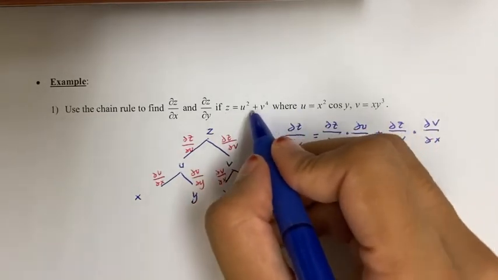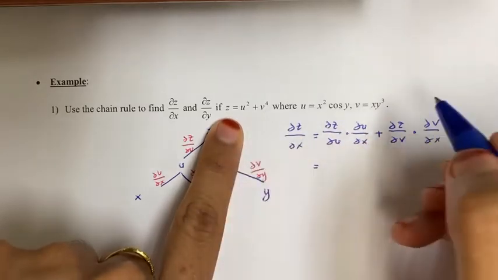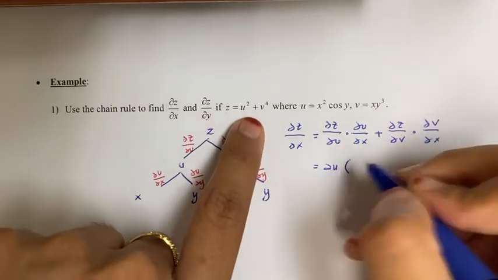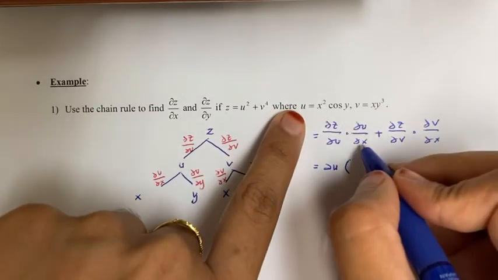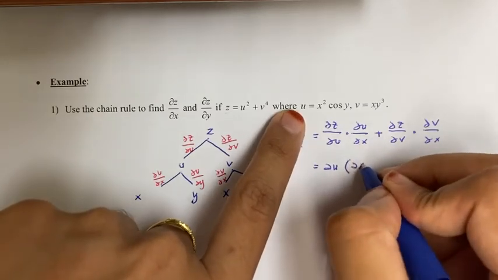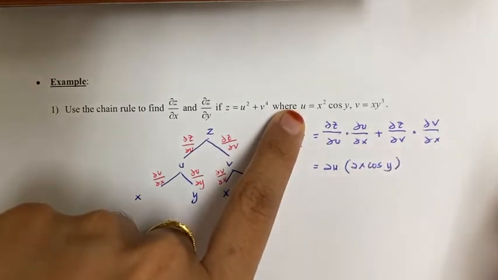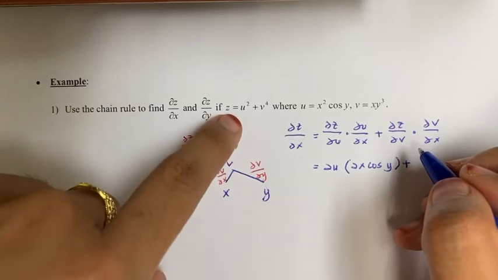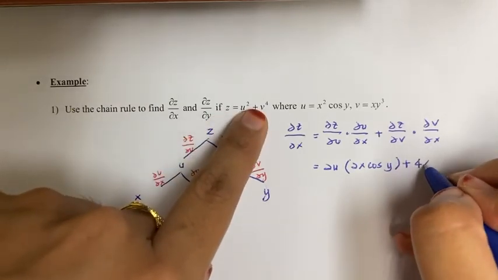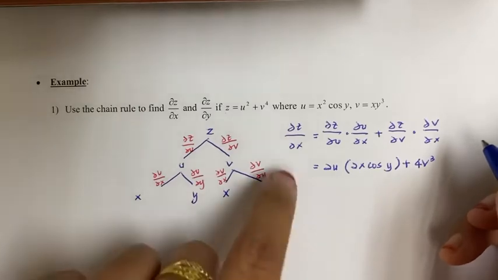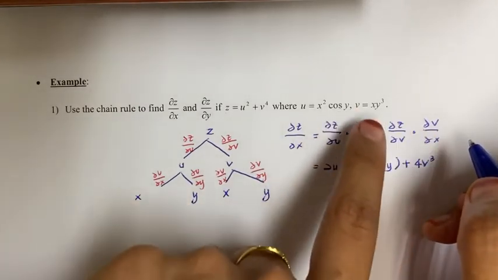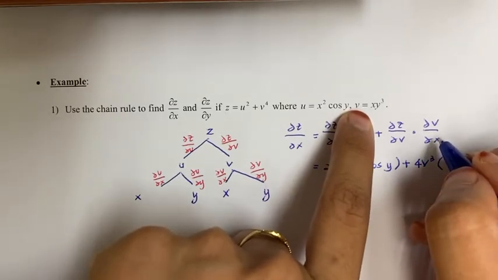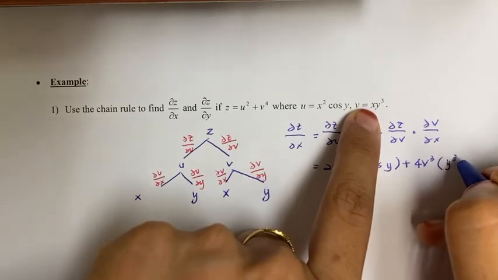Differentiate Z with respect to U, you have 2U, multiplied by differentiate U with respect to X, so you have 2X cos Y. Plus, this is your Z, differentiate this with respect to V, so you have 4V cubed, and multiply with del V over del X. From here, del V over del X is Y cubed.